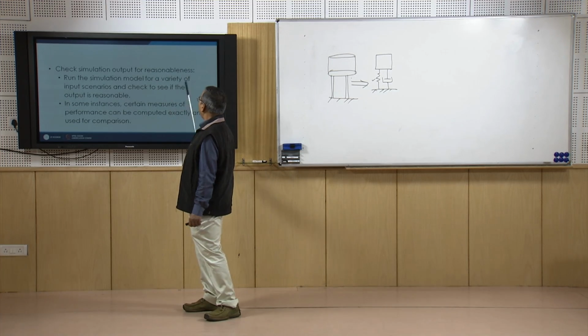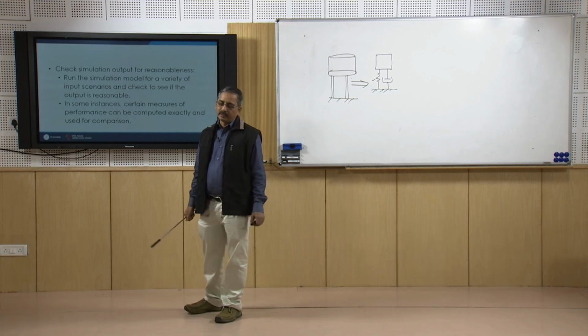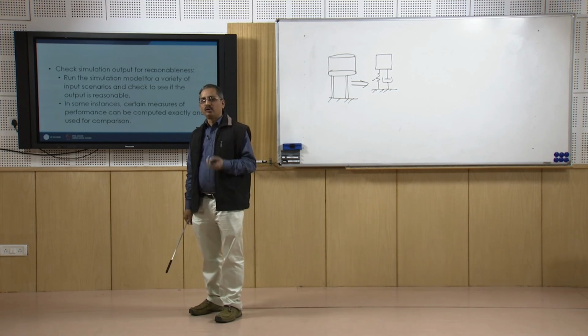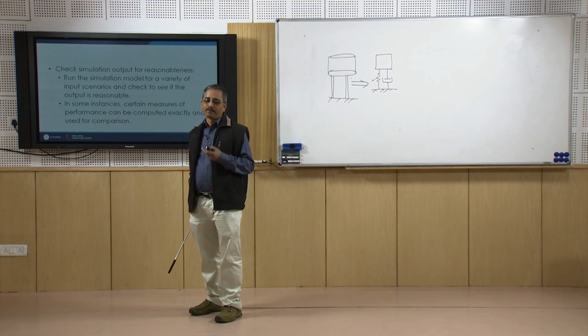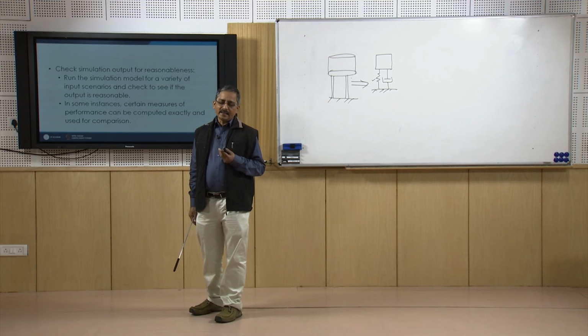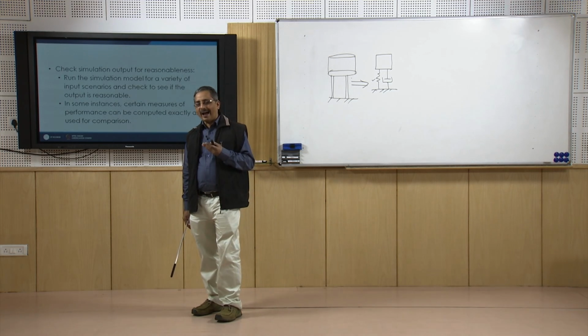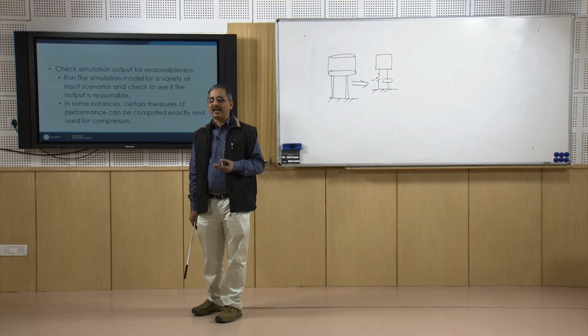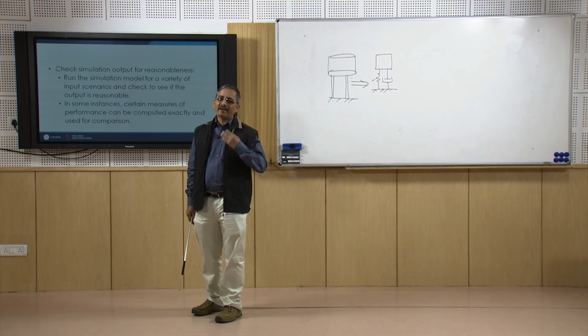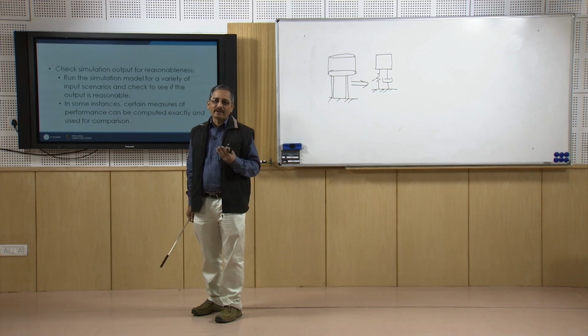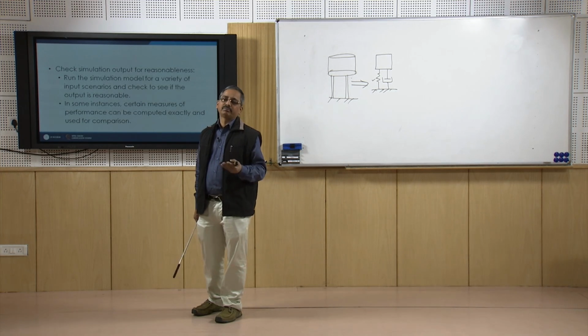Check simulation output for reasonableness. This is what mostly simulation people do. That is, one should have the intuition of what type of results one is going to get for the given conditions.